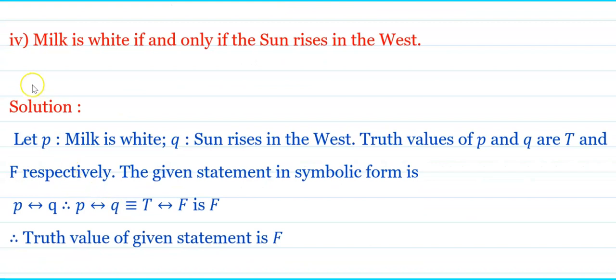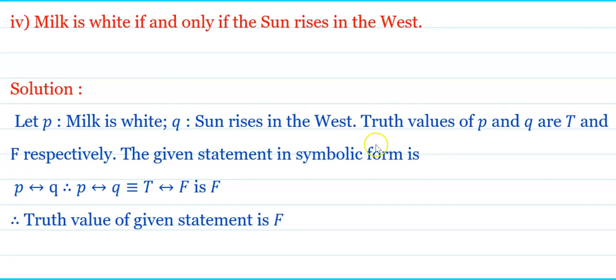Okay. Next, milk is white if and only if sun rises in the west. First P, the milk is white. Q, sun rises in the west. Truth values of P and Q are T and F respectively.